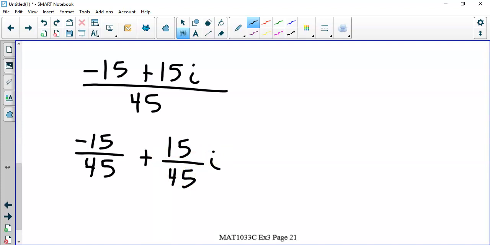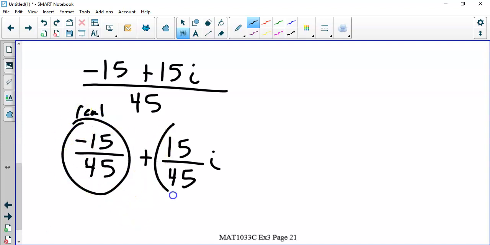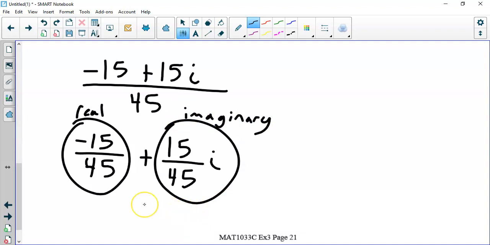Make sure you reduce your fractions, and you're done. All we did was separate them out into their two pieces. This part right here is what we call the real. This is what we call the imaginary. Together, these make a complex number.